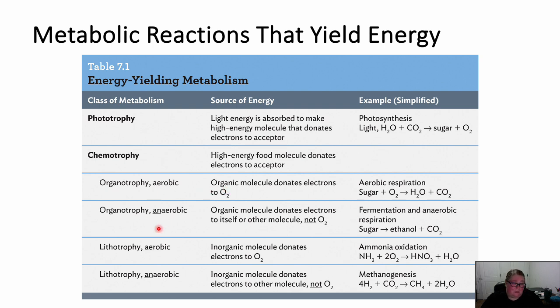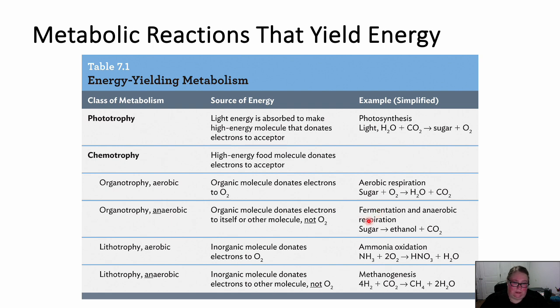So we have anaerobic organotrophy. This is similar to aerobic, except the organic molecule we break down donates electrons to either itself again or another molecule, not oxygen. Fermentation, which happens in anaerobic environments with no oxygen, is an example of anaerobic organotrophy.